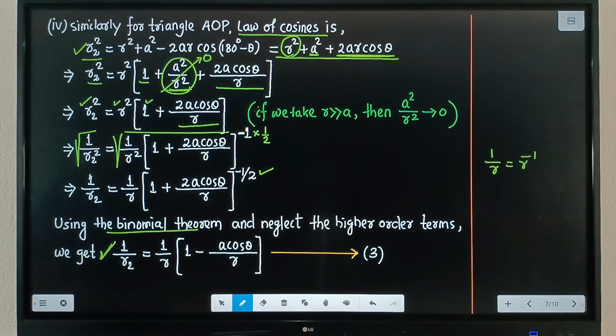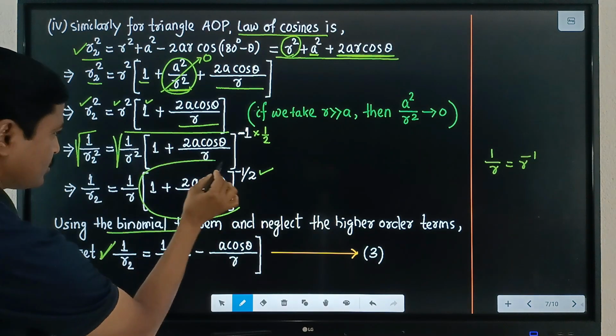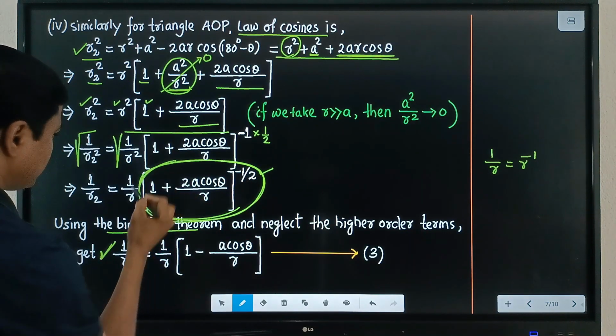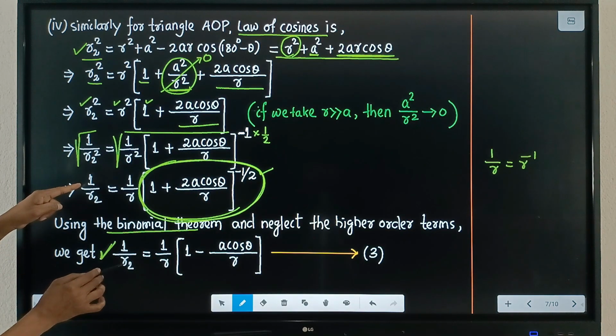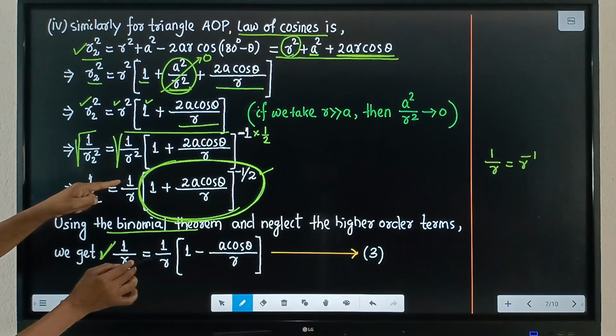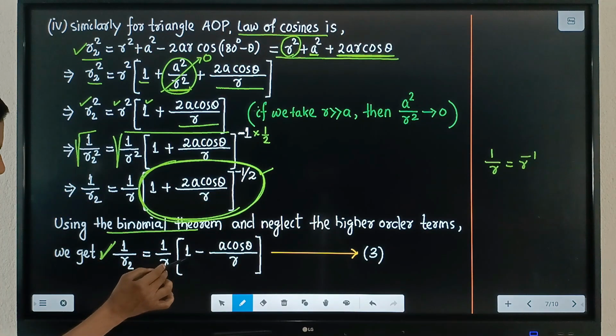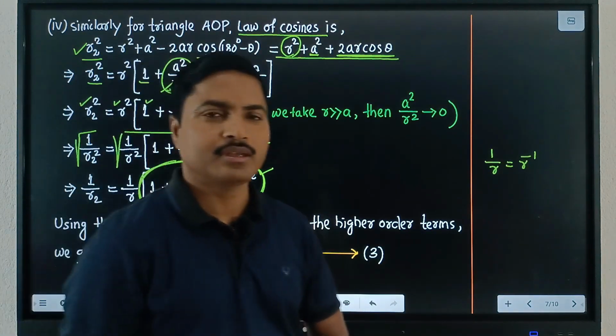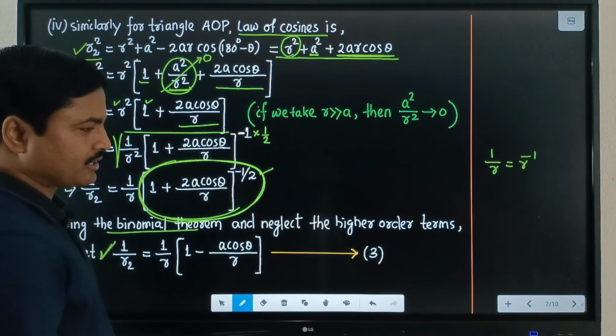And we directly apply the binomial theorem, so in place of this, we write 1 by R2 is equal to 1 by R multiplied by 1 minus A cos theta divided by R. Clear?